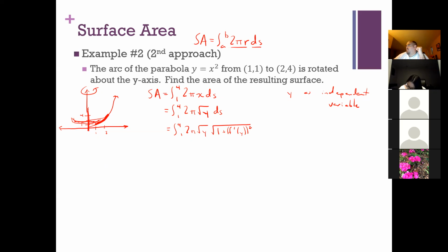So any questions so far on the differences that have arisen and where they came from? No. Okay, so from here, I know that I have x as a function of y, which is y to the 1/2.